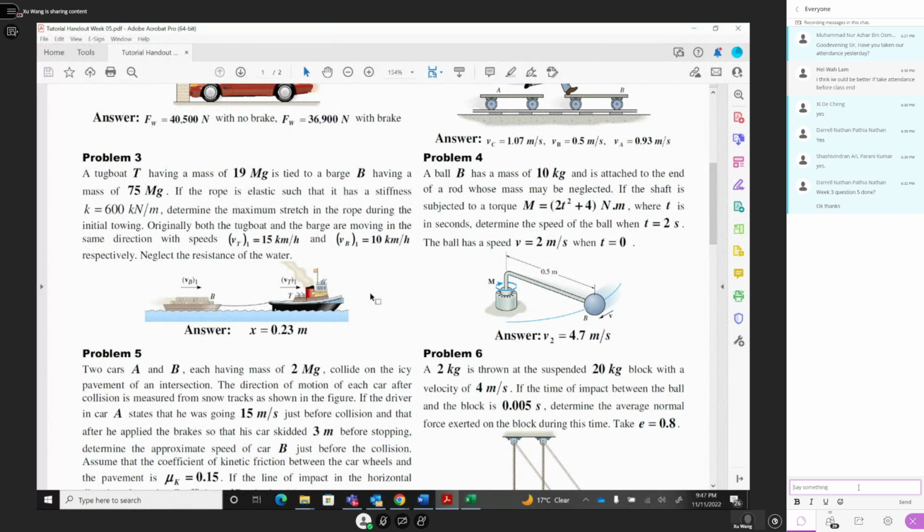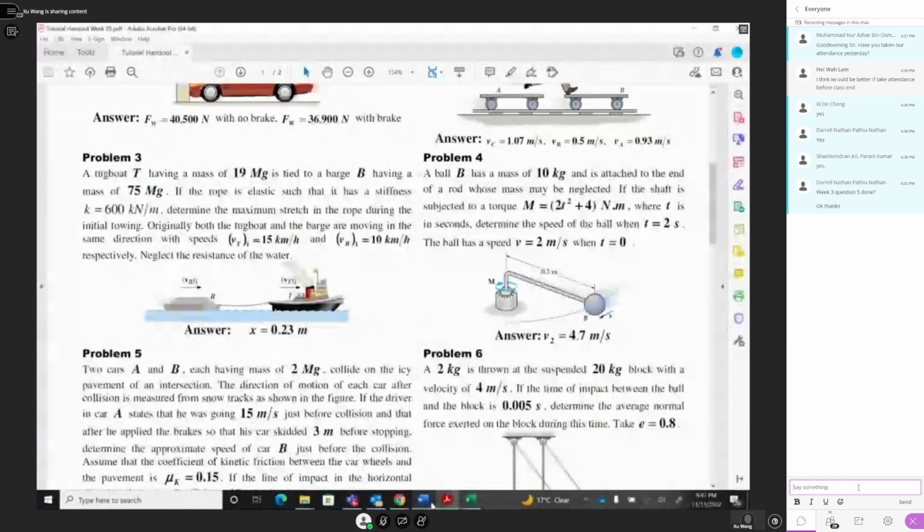That's how this works. Okay, so first we have the momentum conservation, which is MTVT plus MBVB. Okay, these two momenta should equal, when they move together, MT plus MB together multiplied by VB together, the combined speed.